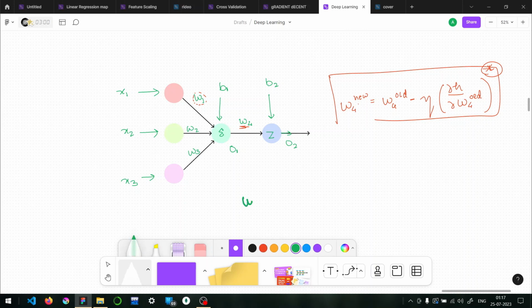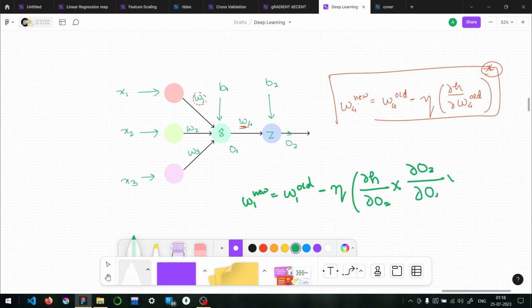W1 new is equals to W1 old minus the learning rate into, now tell me, can I write this partial derivative like this: partial derivative of the loss with respect to O2, into partial derivative of O2 with respect to partial derivative of O1.